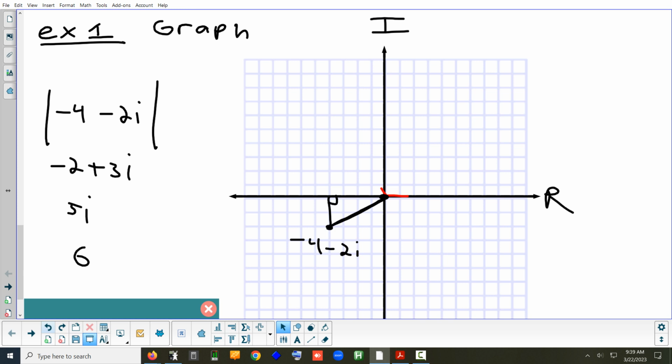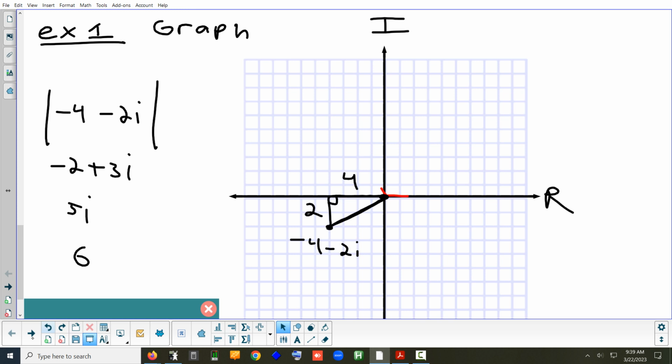Yeah, what's this side? 4, yeah. So it's to the left, but it's still 4 units long. And what about this other side? Yep, it's 2. So how do you think you would figure out the absolute value of this point, which is the distance it is from the origin, which is really the hypotenuse of the triangle?